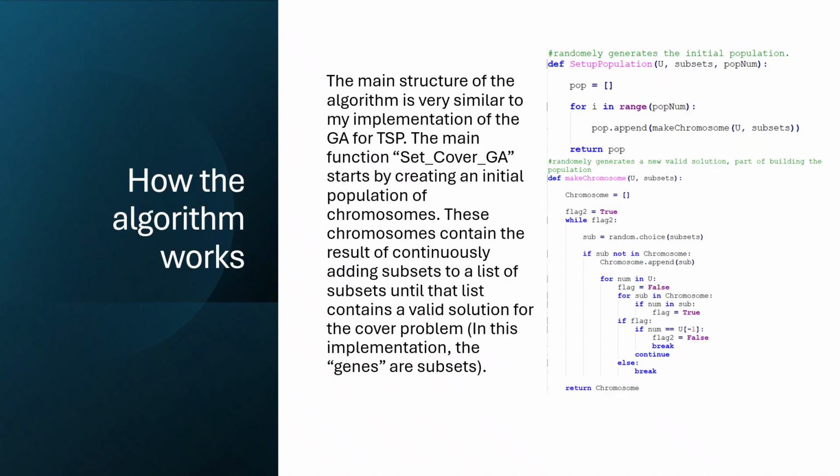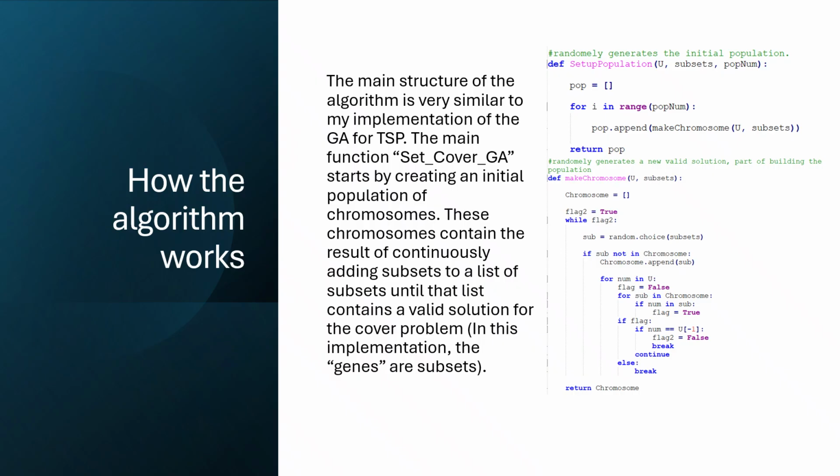Let's talk about how the algorithm works. The main structure of the algorithm is very similar to my implementation of the GA for the TSP. The main function, which is setCoverGA, starts by creating an initial population of chromosomes.